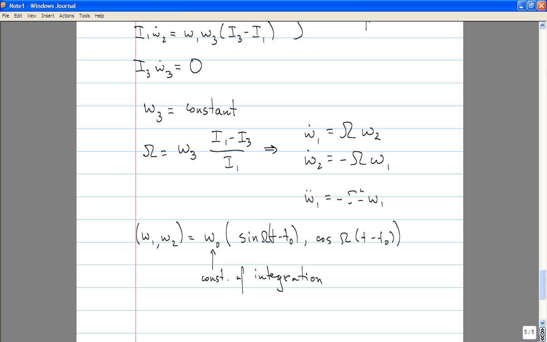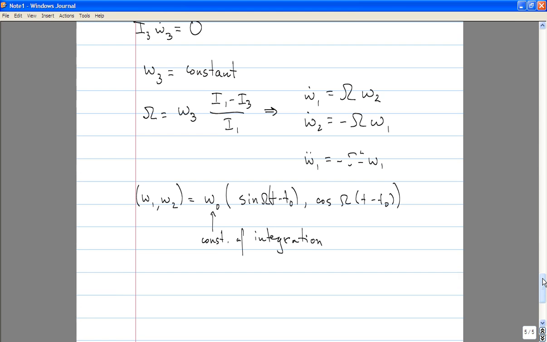So what does this mean physically? What this means physically is that, unlike the case where we had spherical symmetry, the omega i's are not constant in time. Omega 3, the angular velocity in the symmetry direction, will be constant, but the angular velocities in the directions perpendicular to the axis of symmetry will not be constant, and in fact they'll rotate.